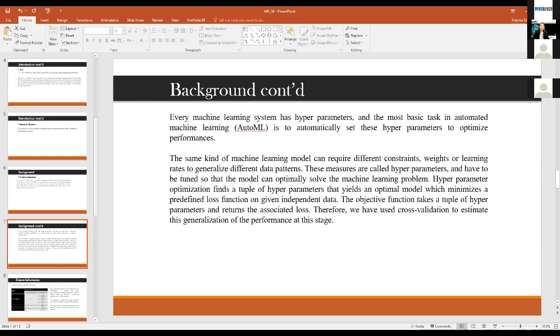The hyperparameter optimization finds a tuple of hyperparameters that yields an optimal model which minimizes our predefined loss function on given independent data. So the objective function takes a tuple of hyperparameters and returns the associated loss. And henceforth, we have used cross-validation to estimate this generalization performance at this point in time.